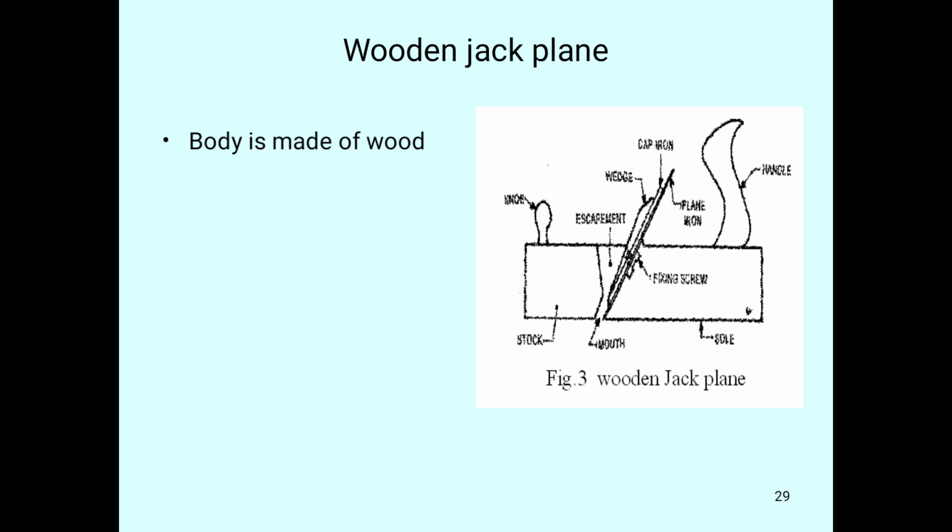Next, the body of this jack plane is made of wood, and the blade or iron cutter is fastened at an angle of 45 degrees to the sole. Simply, this blade is inserted into the sole at an angle of 45 degrees, which is fixed.